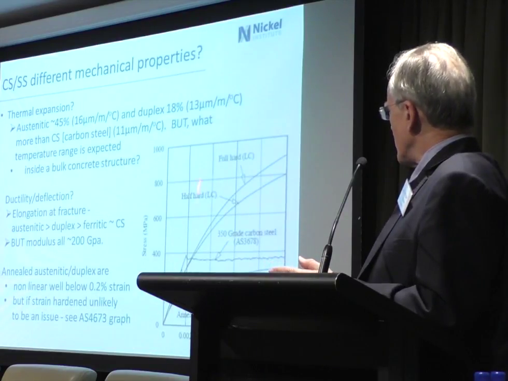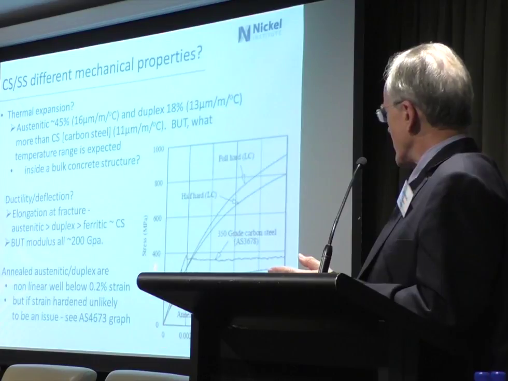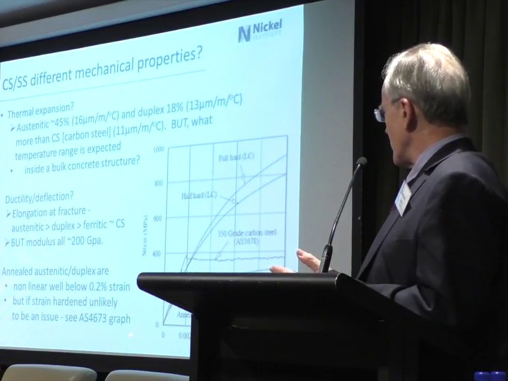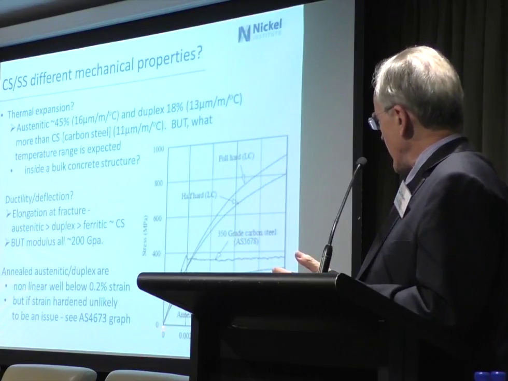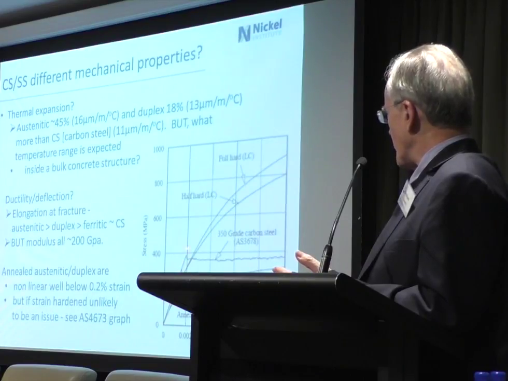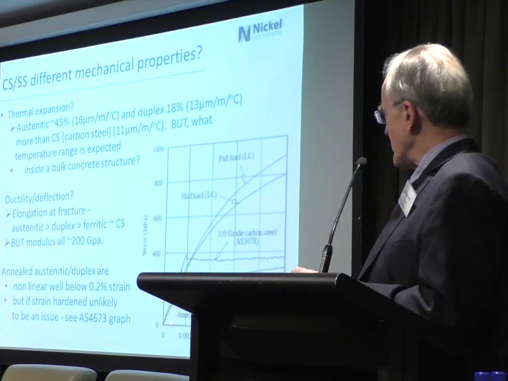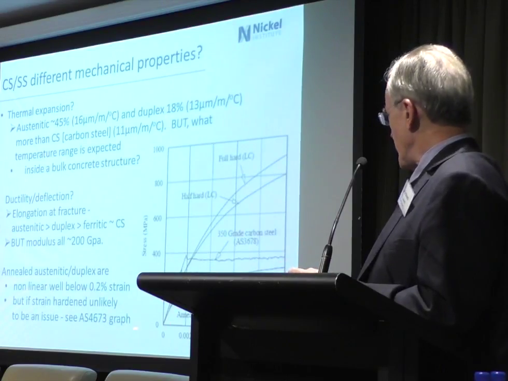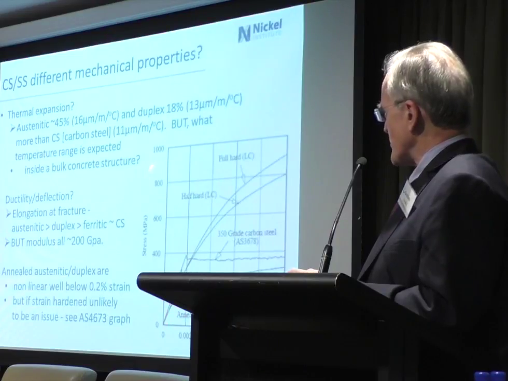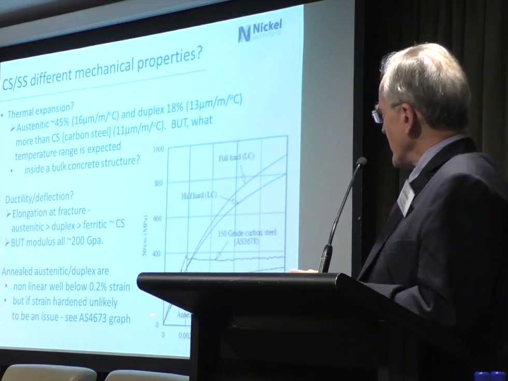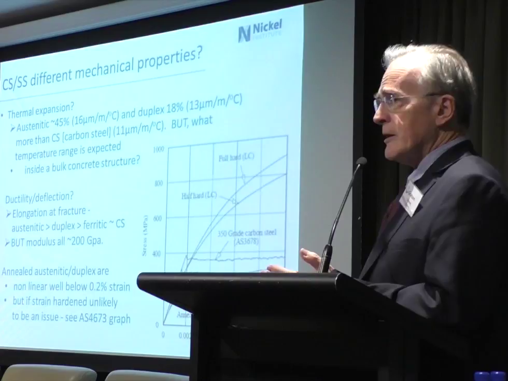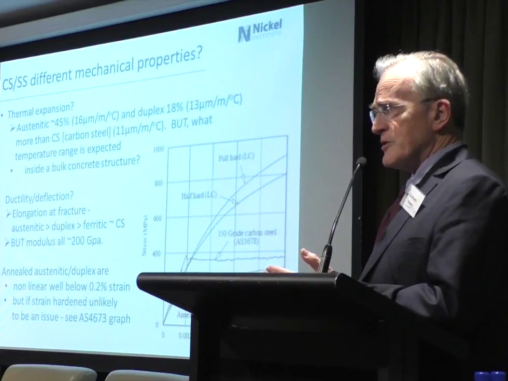Here is a stress-strain curve, so load against elongation if you wanted to be simplistic about it. And this is 350 grade, 250 grade carbon steel, fairly linear. So we've got an annealed piece of stainless steel. Yep, there is definitely going to be quite a difference in elongation for a certain amount of stress. But if you've cold worked the thing, and let's face it, what do you do with a piece of stainless steel rebar?